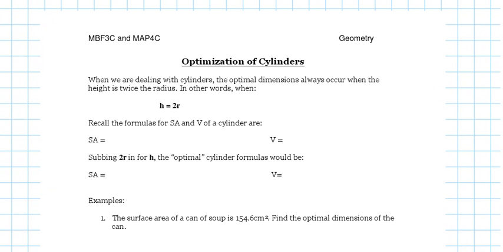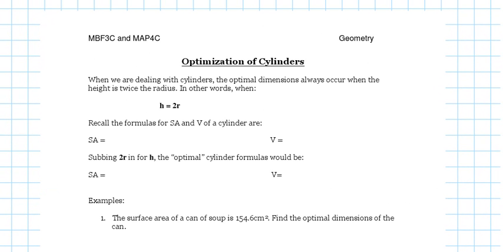In order for me to get the optimal shape for a cylinder, I have to make sure that my height is equal to my diameter. If you make your height higher than your diameter, that's not going to work.